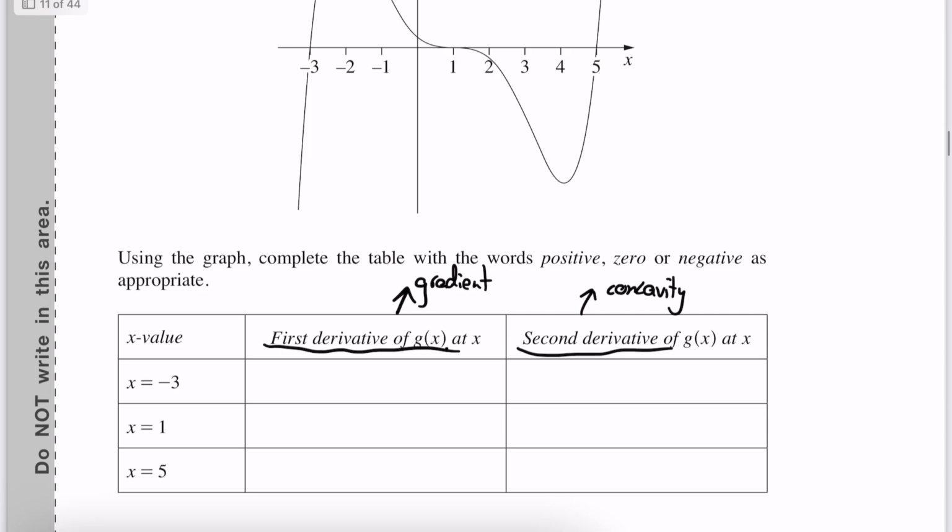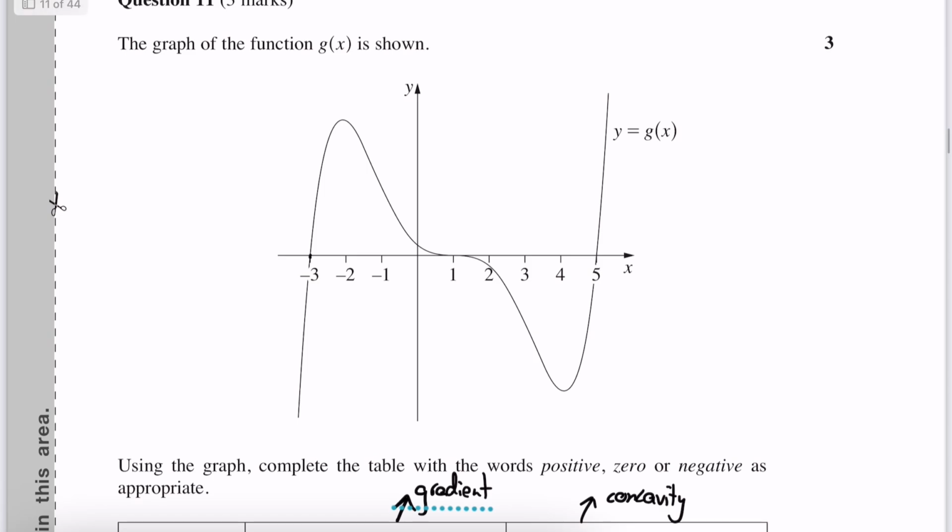Okay, so when we look at x equals -3, that's this point here, and what we see is that the gradient is positive because we're increasing, and the concavity is negative.